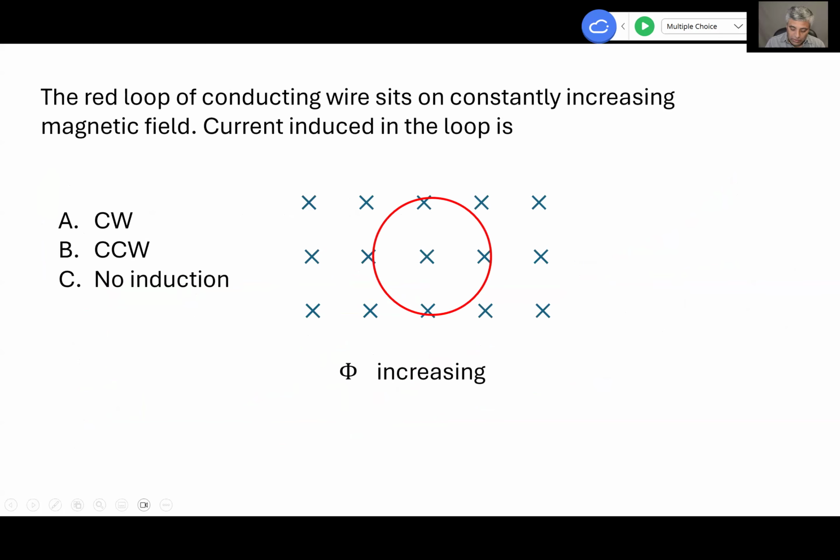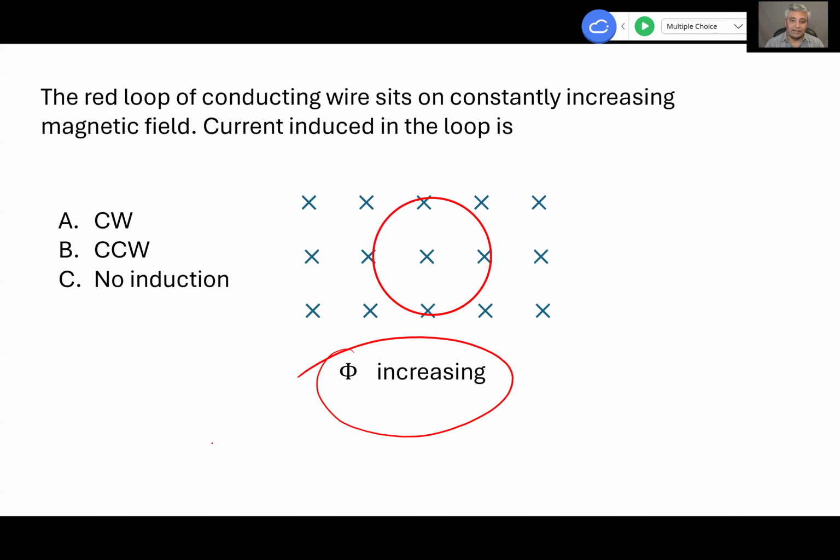Here is another question. This time it's easy to see, kind of a loop. The loop is flat on the screen and the field is going into the screen. And in this case, it says flux is increasing, okay? So how is flux increasing? Yeah, maybe a magnet is coming closer to it. And it does not matter whether it's the north pole coming or the south pole coming.